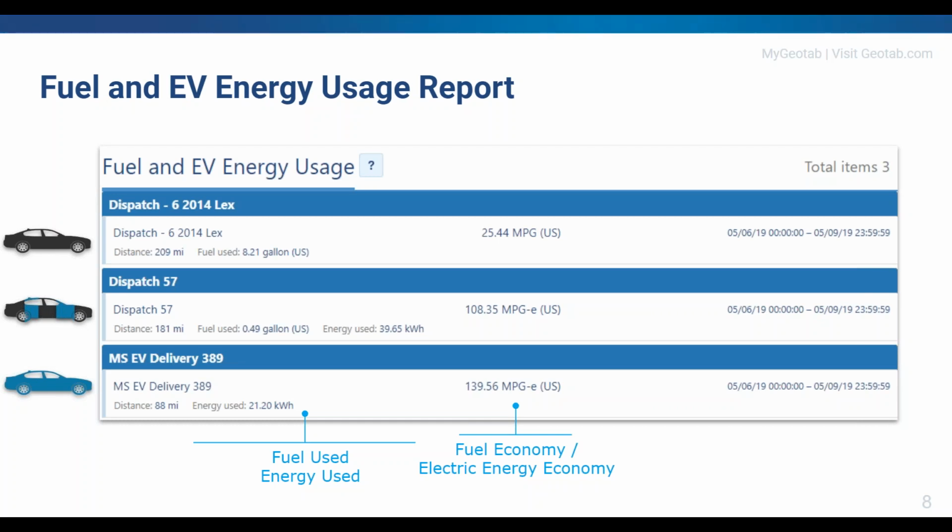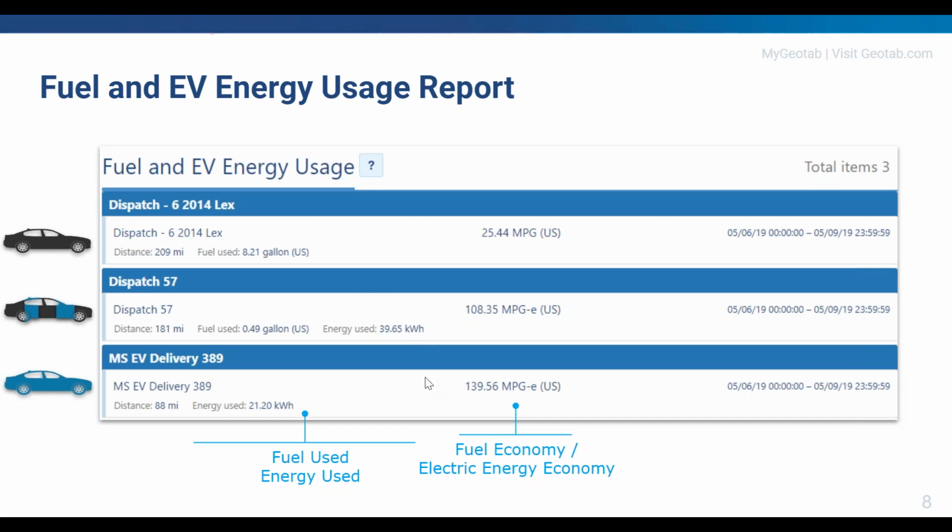Just to say here, in this example, we are converting electric energy used into the equivalent in fuel, so you can provide one comparable metric to evaluate the performance of all your vehicles in your fleet. In this example at the top, this is a gas car. It's getting 25 miles per gallon. This one is a plug-in hybrid, the next row down. It's getting 108, so that's getting better.